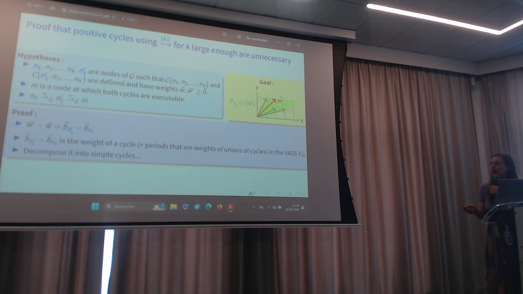So if you have n2 prime which is different from n2, you need to have a path from n2 to n2 prime, etc. Then we show how to compare the cycles, and with this minimality of the branch alpha, which gives some structure on the graph, you can use this property and show that only finitely many cycles of the VASS will create a new period.